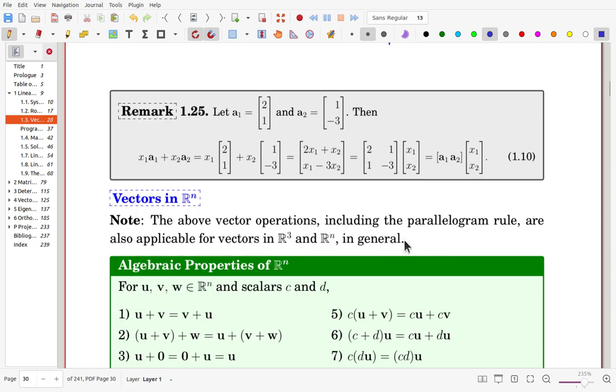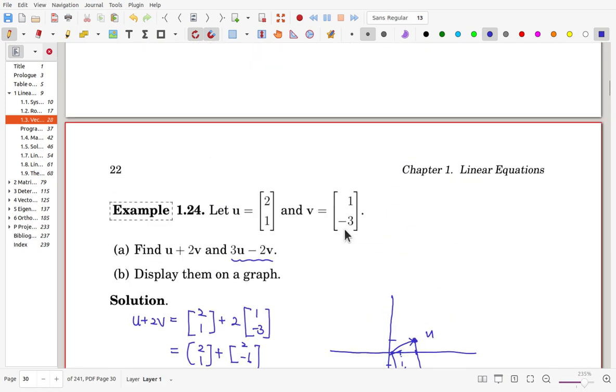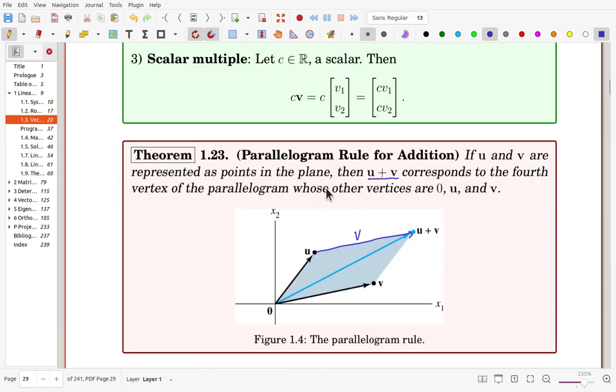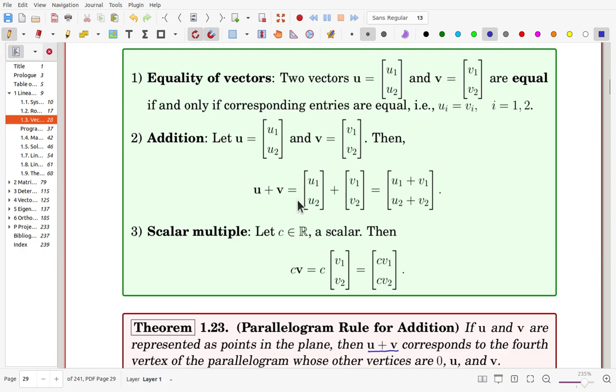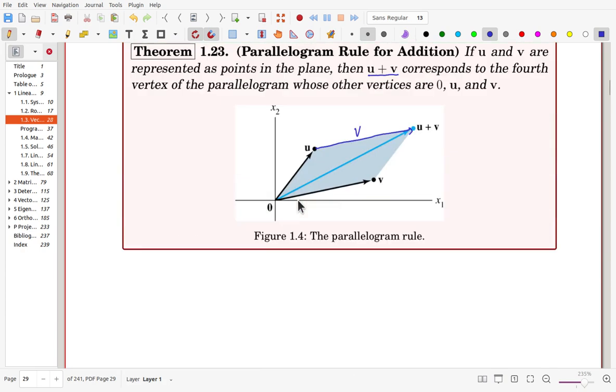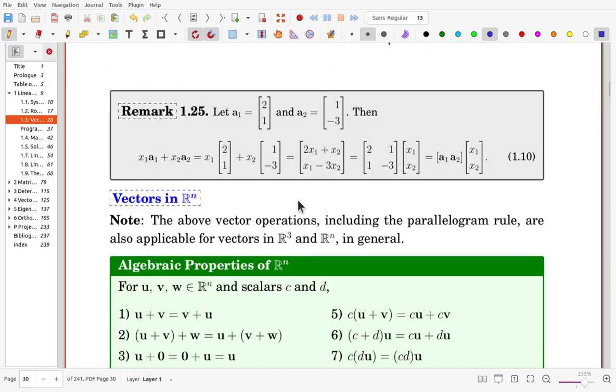Even though we defined vector addition and scalar multiple, and considered the parallelogram rule for addition for two-dimensional vectors, they can be applied for vectors of general dimension.